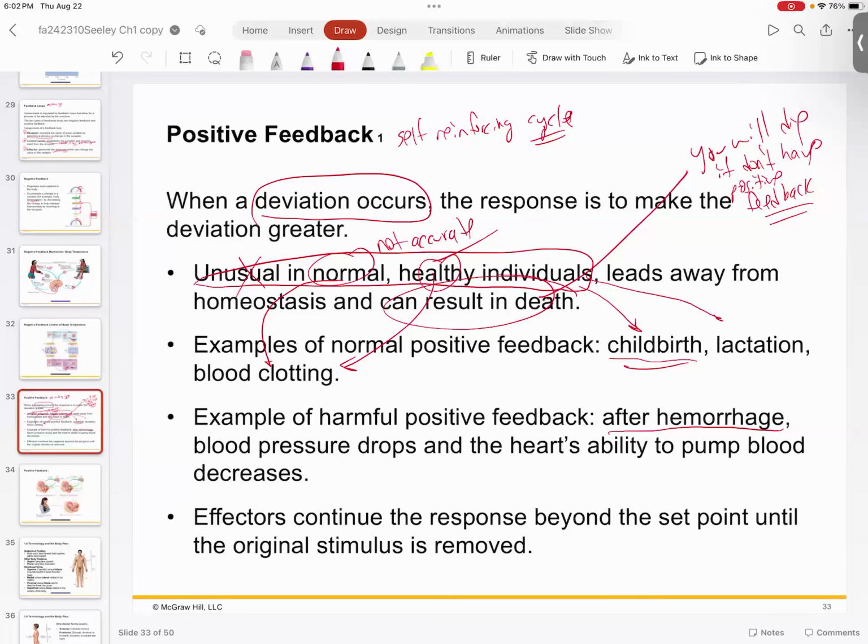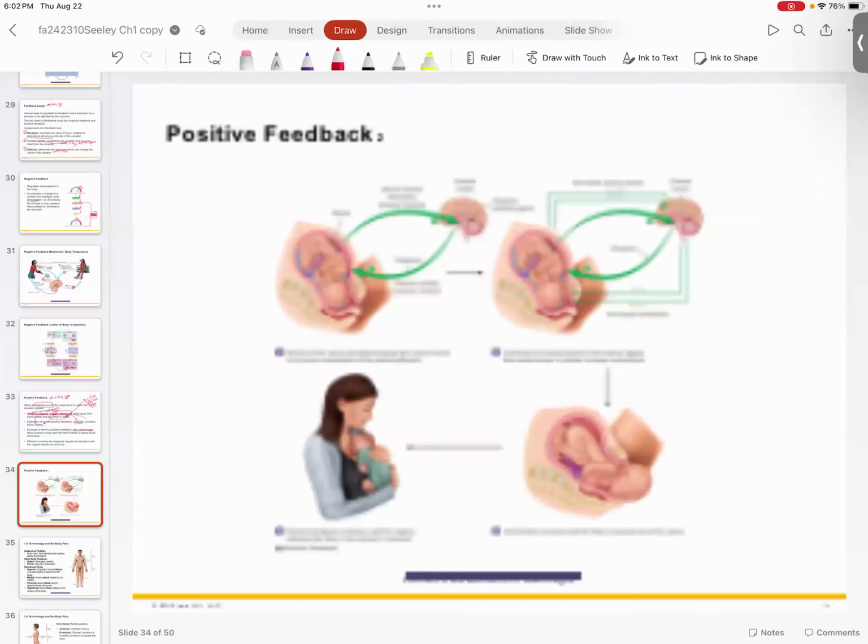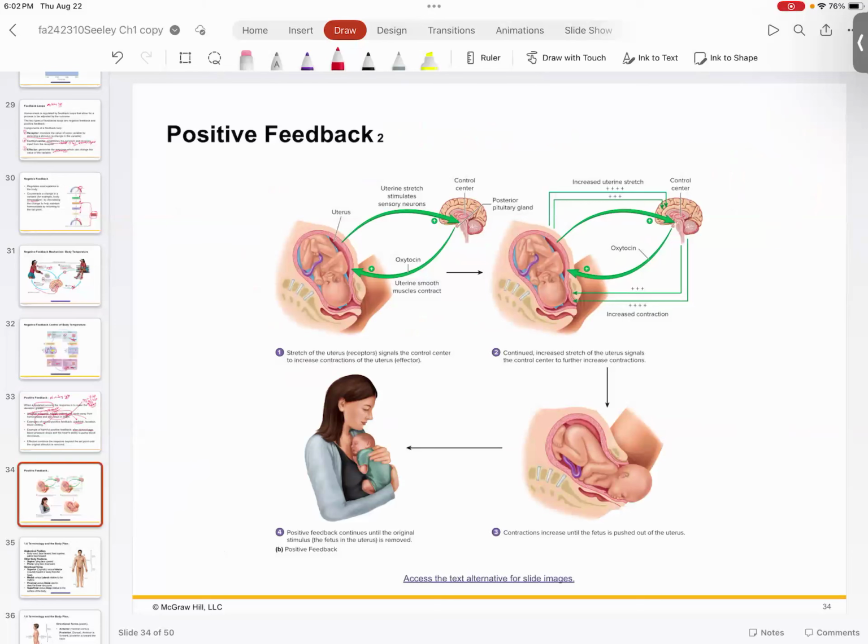So generally speaking, when you have positive feedback, these effectors will tend to go above and beyond. So here's kind of what it looks like. Here's the childbirth version. Uterine stretch stimulates sensory nerves that tell the pituitary to produce oxytocin, which comes to the uterine lining and causes the uterine muscle to contract.